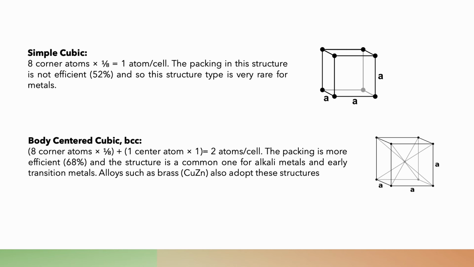Body-centered cubic, BCC. 8 corner atoms multiplied by 1/8 plus 1 center atom multiplied by 1 is equal to 2 atoms per cell. The packing is more efficient, 68%, and the structure is a common one for alkali metals and early transition metals. Alloys such as brass, copper, zinc also adopt these structures.